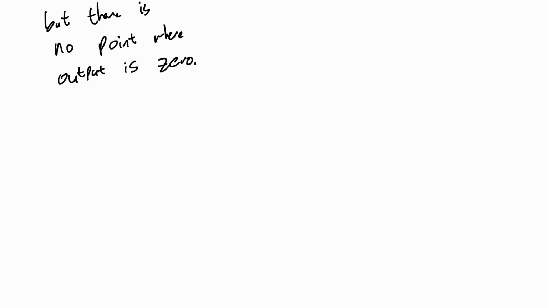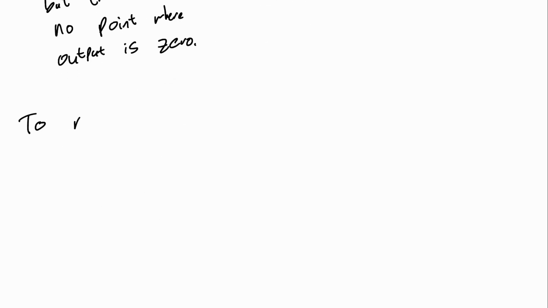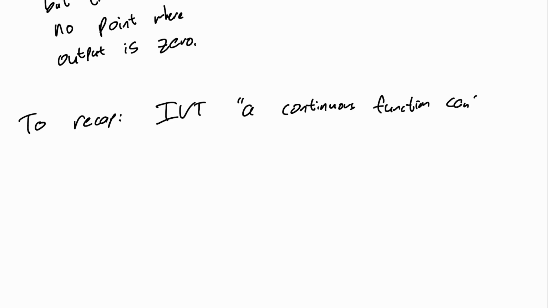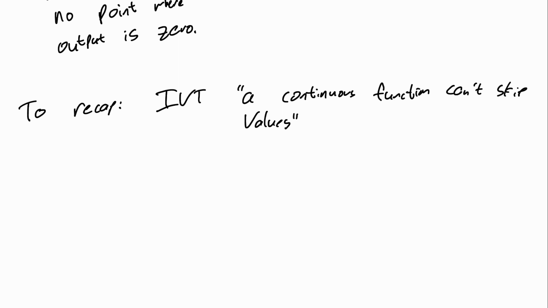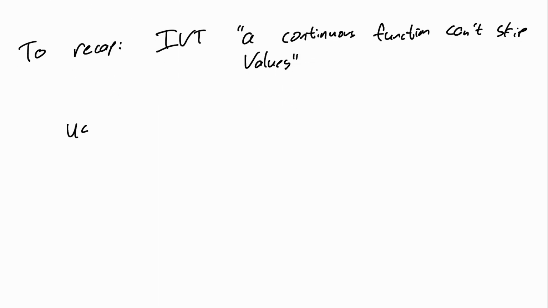Okay, so to recap, the intermediate value theorem says a continuous function can't skip values. A very common application of this is to find zeros.